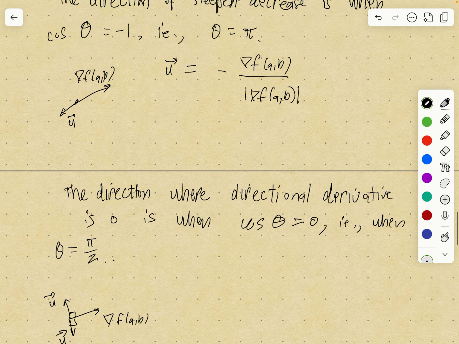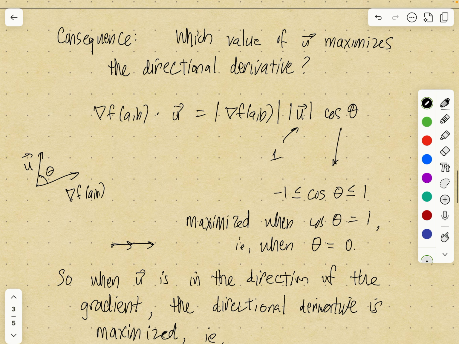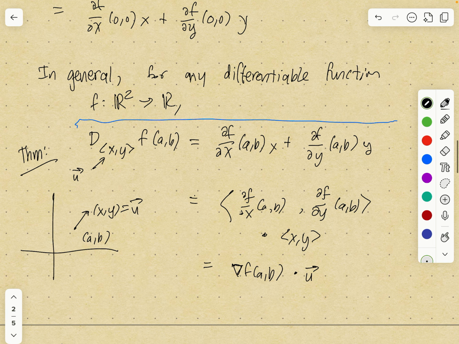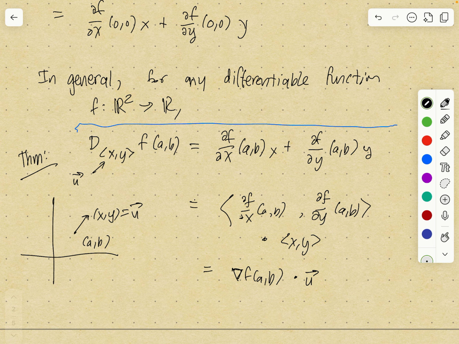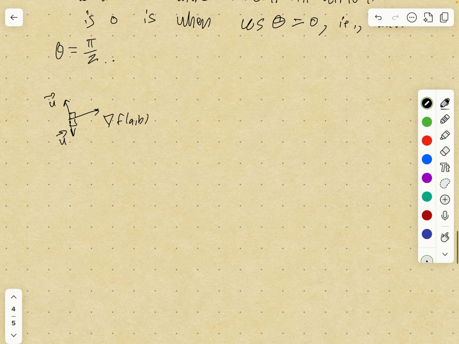There's also some intuition behind why this is true if you think about the function f of x, y as a planar function. The idea is that the graph of your function is approximately a plane.